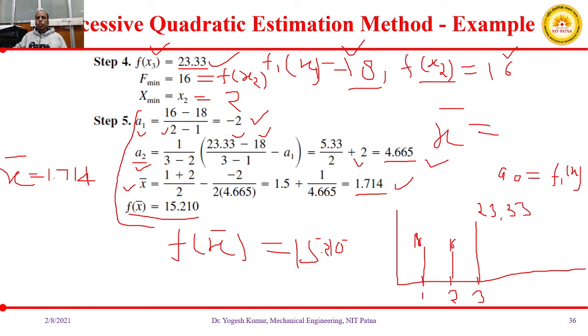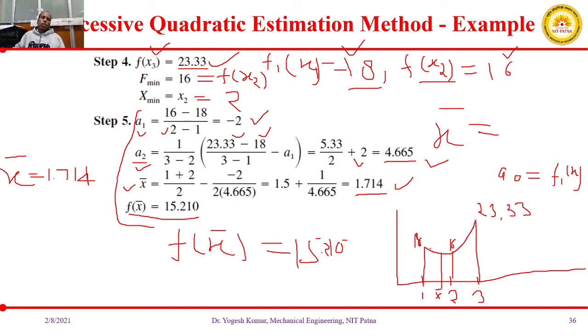Then we have another point, x bar, which is equal to 1.714. So this will be somewhere here. The value corresponding to x bar is 15.210, which is slightly less than f(x2). So your function will be something like this.